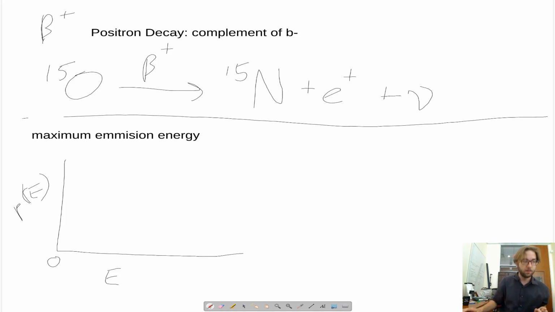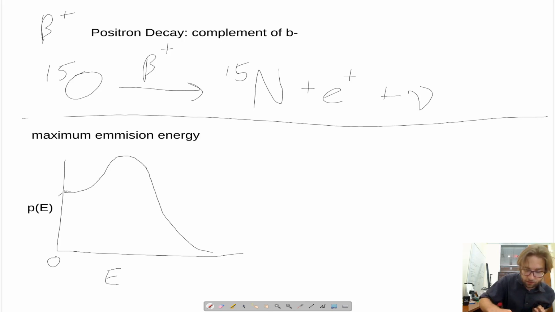So I'll say P of E, the probability of E. Then we've got this distribution. There's some non-zero probability that it comes out at 0 energy, at rest with respect to the nuclide. The probability goes up to some peak and then tails off back down and intersects with the x-axis.